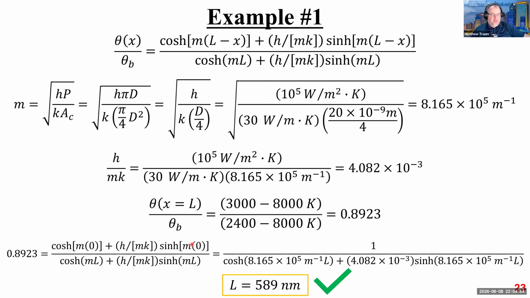Hyperbolic sine of 0 is 0. So that's where this 1 comes from. And then I've got hyperbolic cosine of ML, which is just some number, plus h over mk times hyperbolic sine of ML, which is just some number. So I just plug in those numbers, and out pops a length of 589 nanometers. And I check this against the book, and I check this against AI, and yes, in fact, that's what it is.